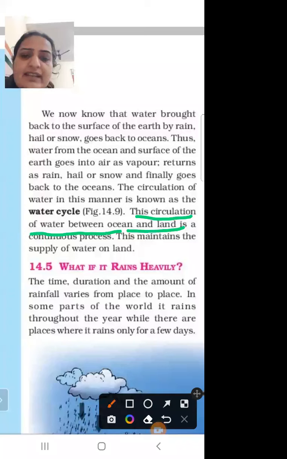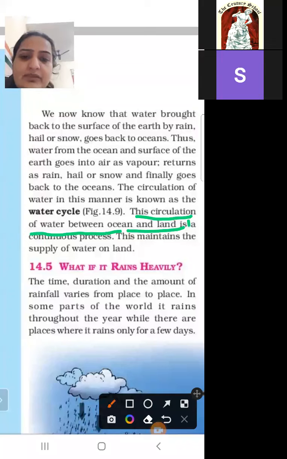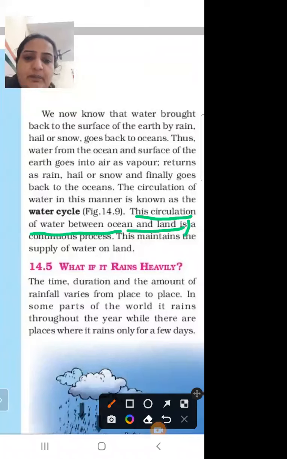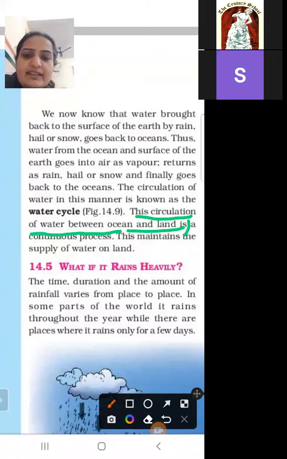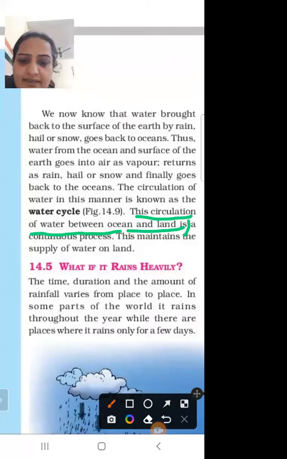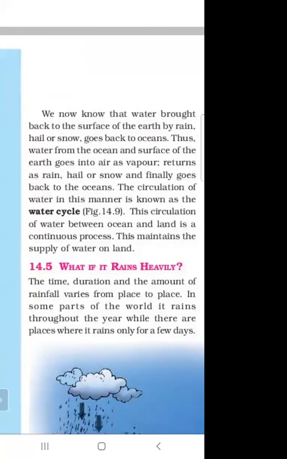So the circulation of water between ocean and land is called the water cycle. So how does this water cycle go on?